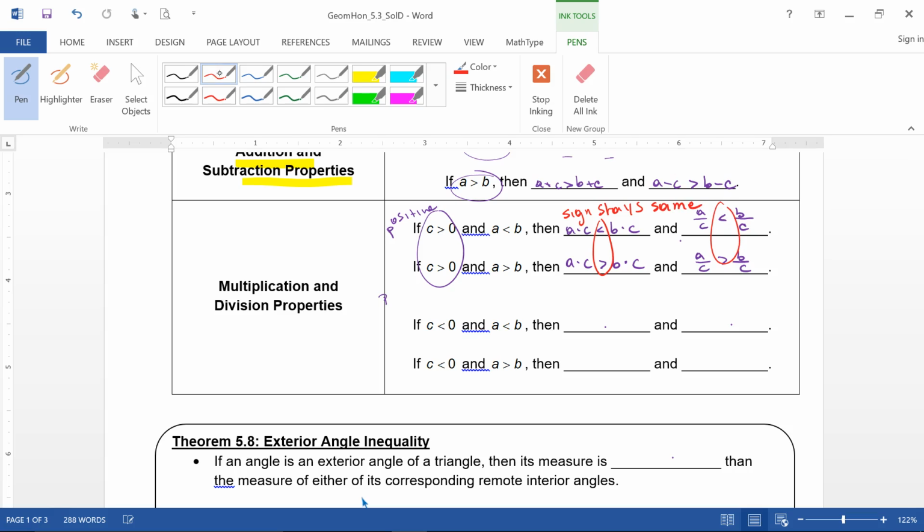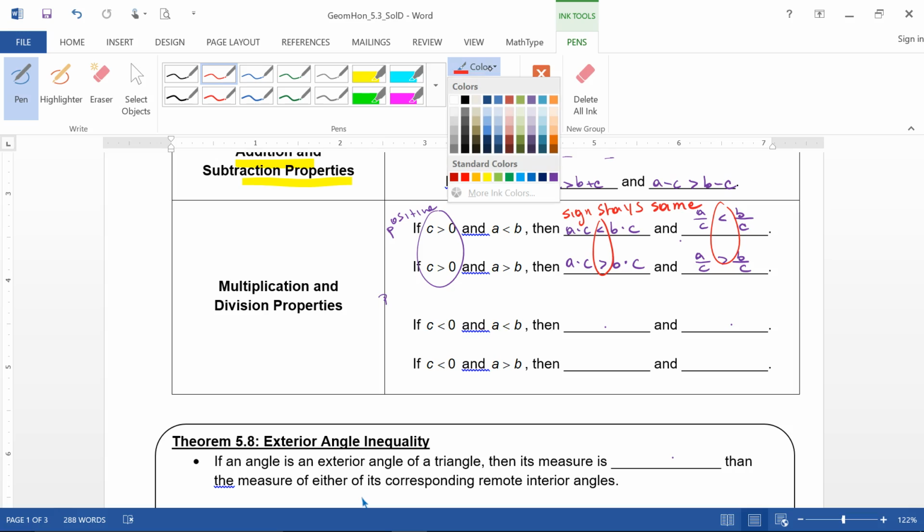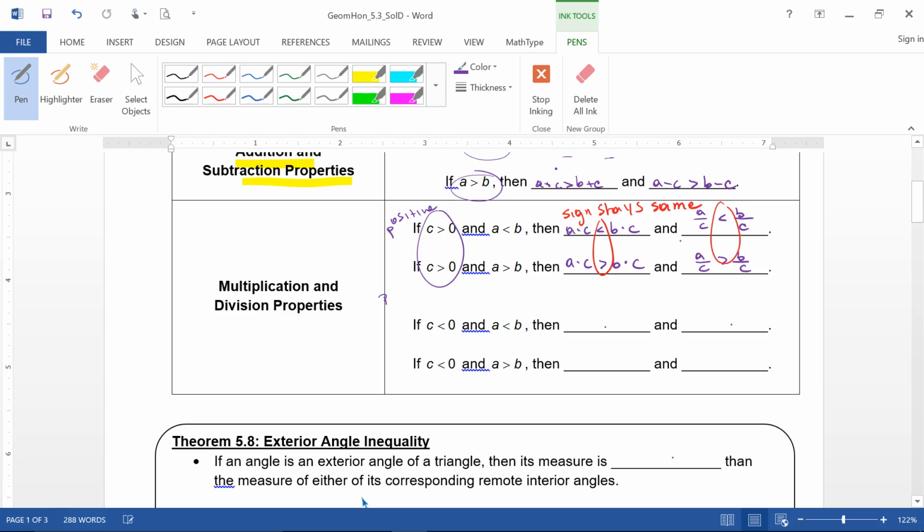Okay, now, what about the case when C is negative? What happens to an inequality when you multiply by a negative number? The sign will switch, right? So if C is less than 0, meaning it's negative, then if A is less than B, and if you do A times C and B times C, what will happen to the sign? They will switch.